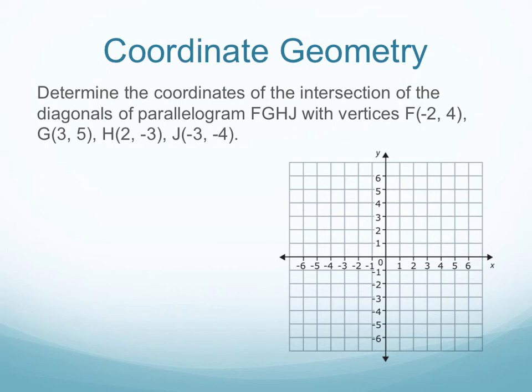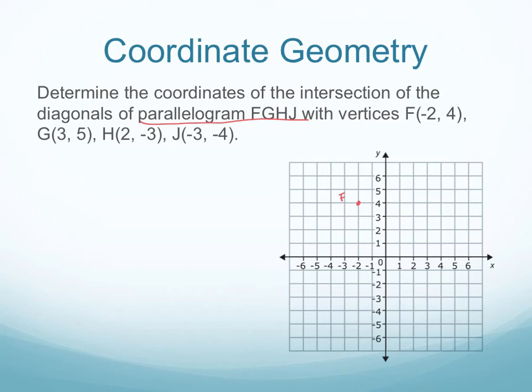Let's do an example. Right now we have a parallelogram FGHJ. So I'm going to plot those points first and then read the question to figure out what I'm doing. So F is -2, 4. Label your points as well.